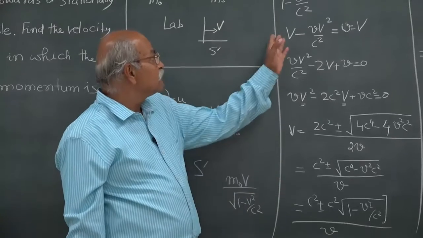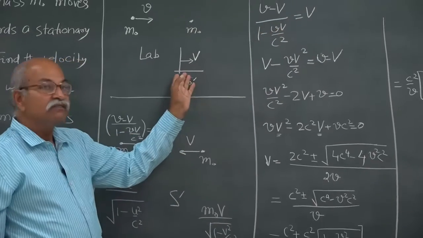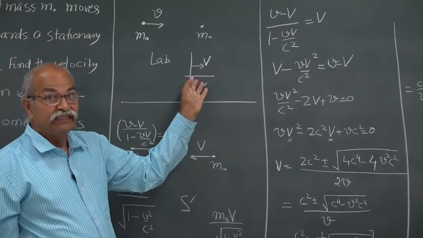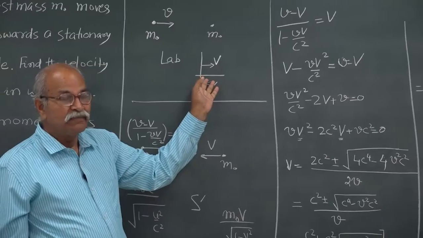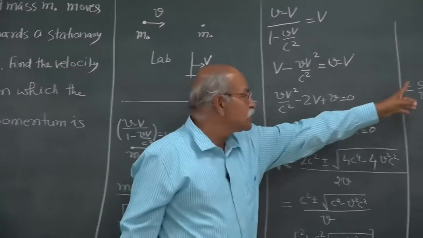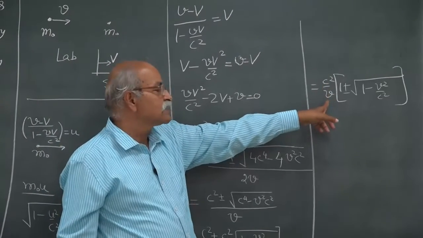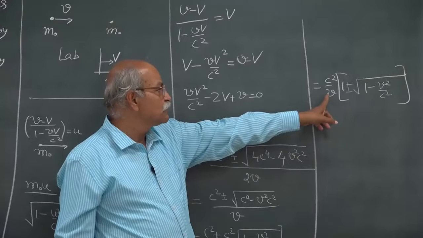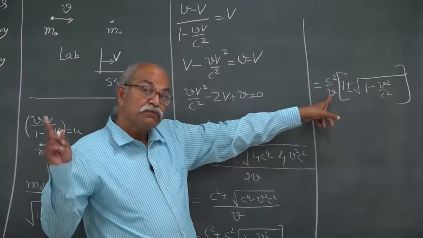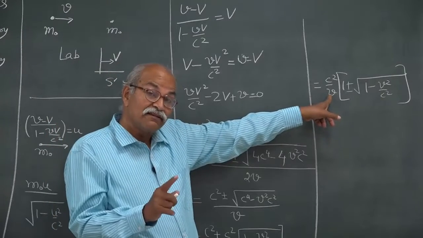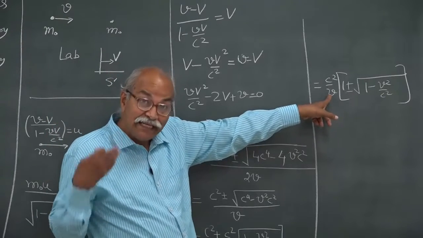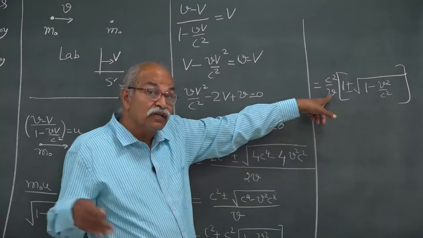Now, this is capital V. This is the velocity with which this S prime has to move, if the total linear momentum is 0. And this quantity c square by v is already greater than c, because small v is the speed of the first particle, which cannot exceed c anyway. It has to be smaller than c.